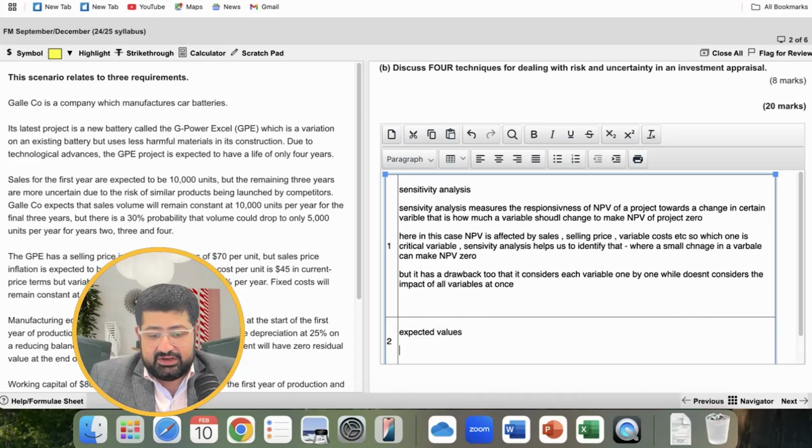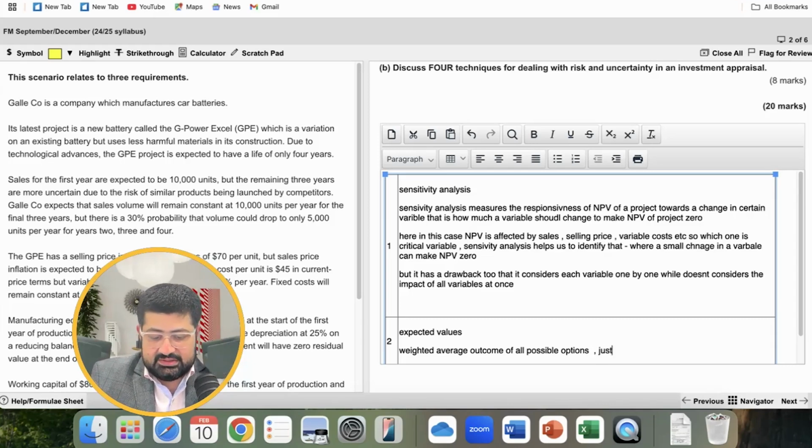So expected value is basically weighted average. It is the weighted average outcome of all possible options.